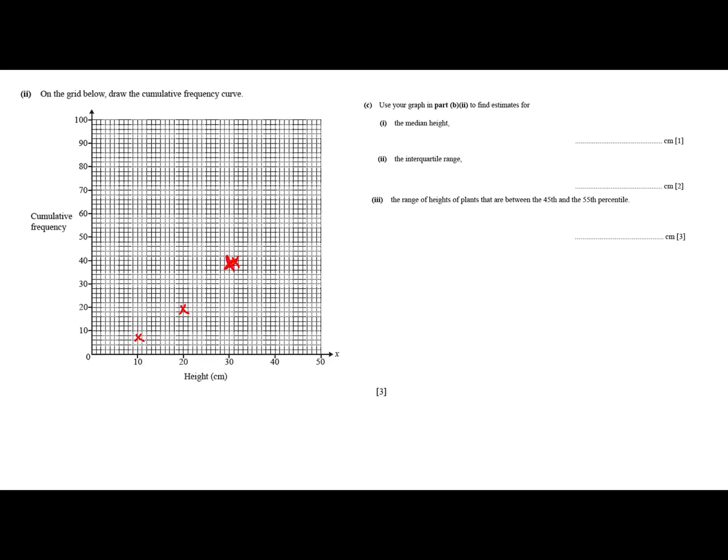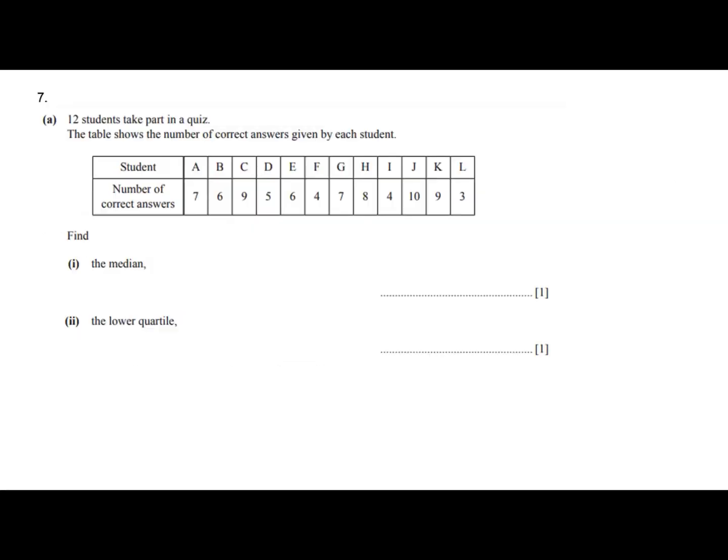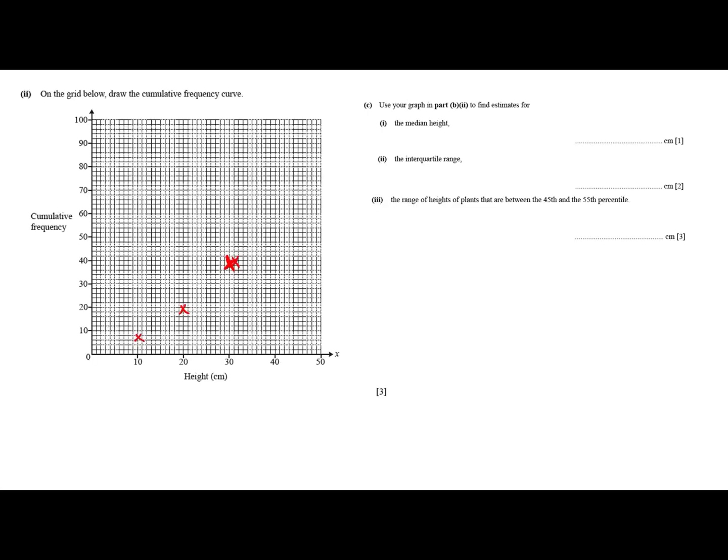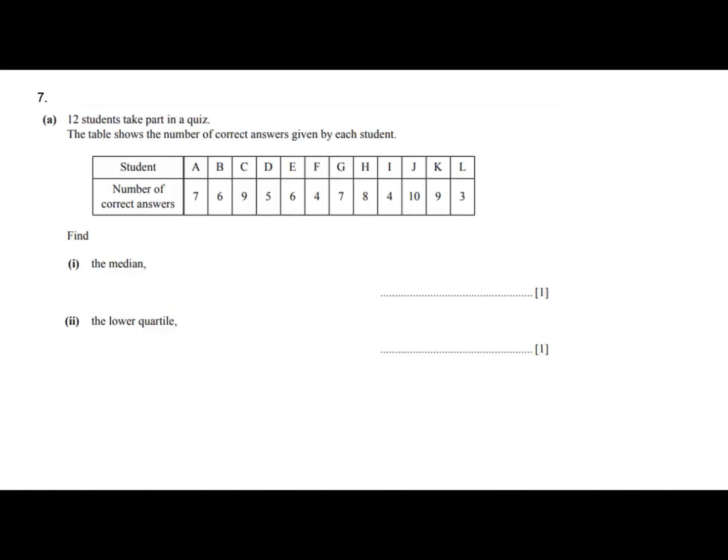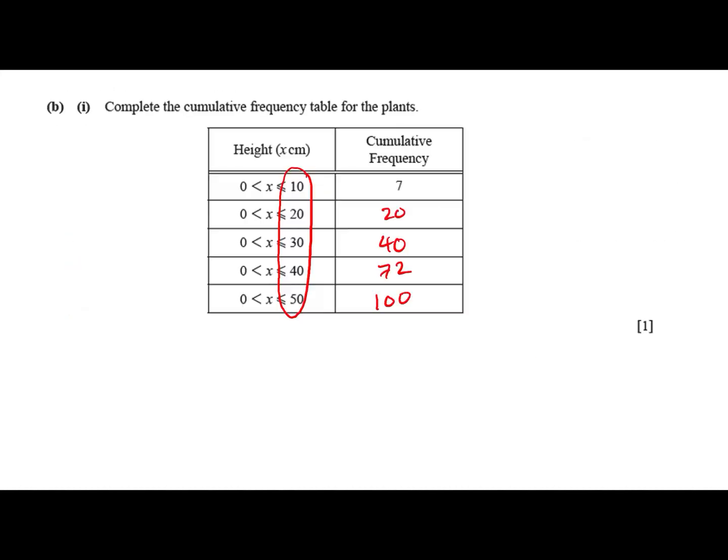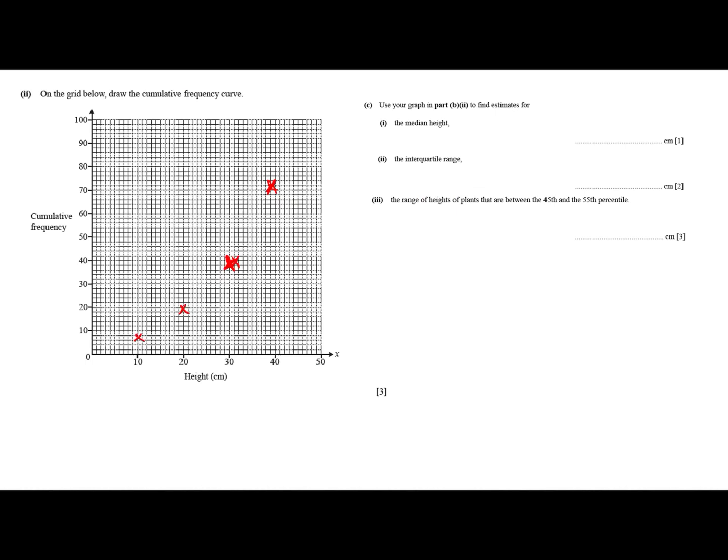I've got that wrong, it's probably over here. And then 40, 72 is about here, roughly. You need to be precise. And then 50, 100.